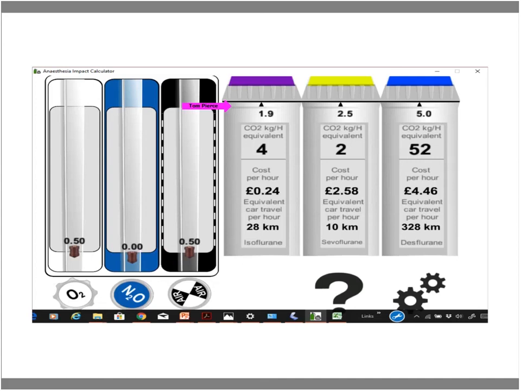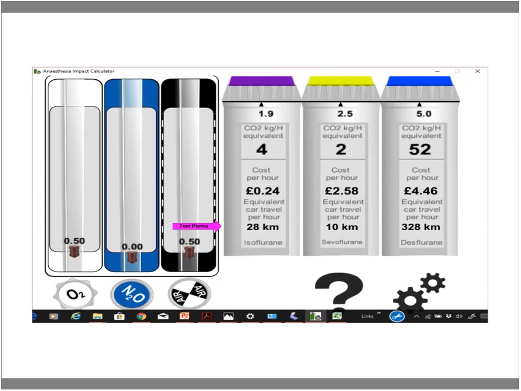This has the CO2 equivalence of around about 4 kilograms of CO2 per hour. It's a very cheap drug, costing no more than 24 pence per hour. But to try and put some realistic interpretation on that, I have, in this example, expressed that as a distance travelled by a relatively small car.